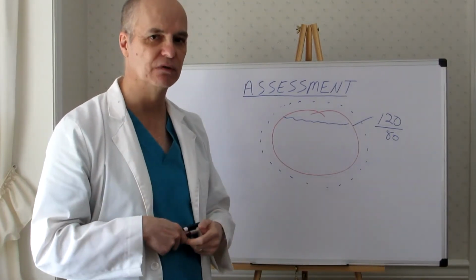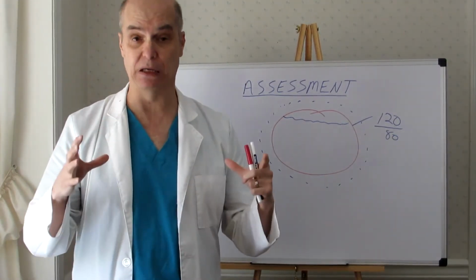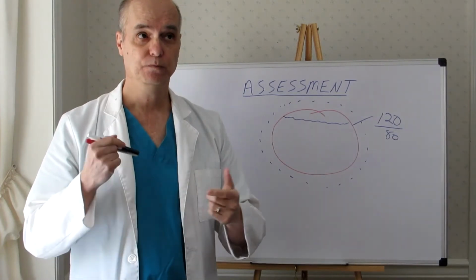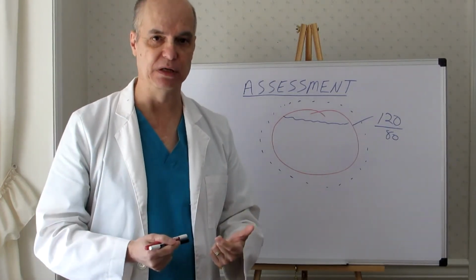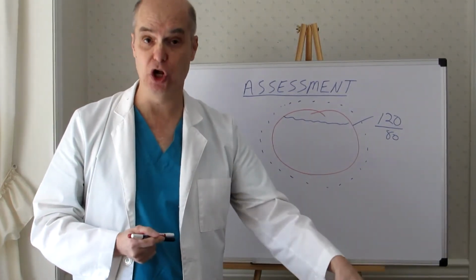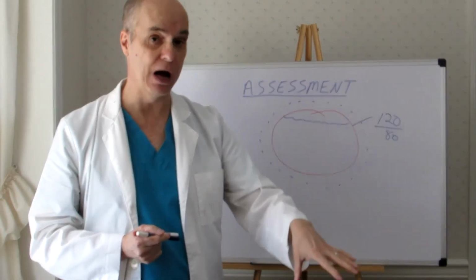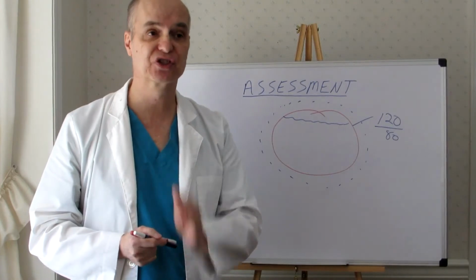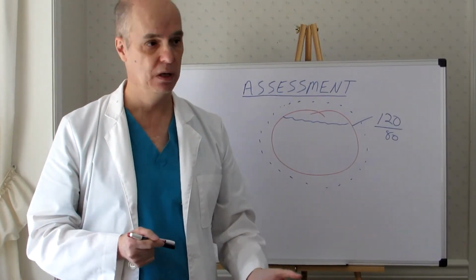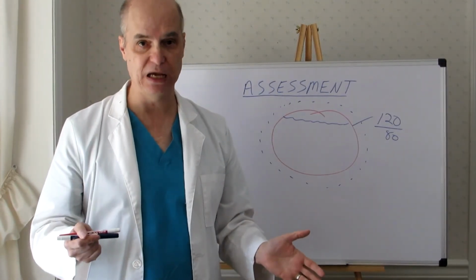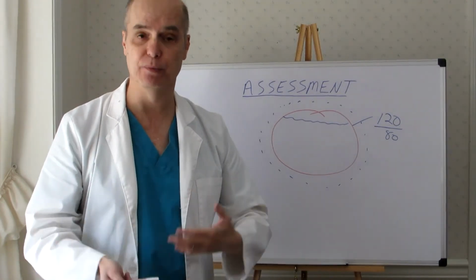What is that doing to the vascular space? It's expanding it. So in my assessment, I should notice or anticipate that with that fever, they may have a drop in their blood pressure. I'm certainly not going to give them any antihypertensive medication because I don't want to compound the problem.